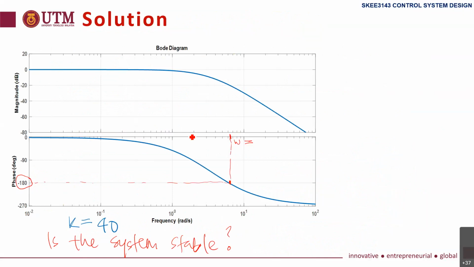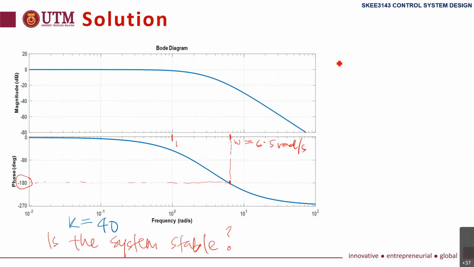This is 1, here 10, so 6.5 maybe, radians per second, in between 6 and 7. That is the frequency where the phase is minus 180 degrees.